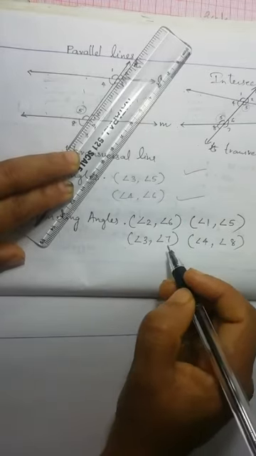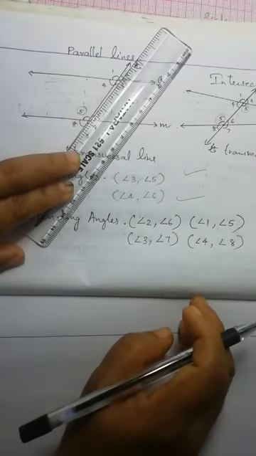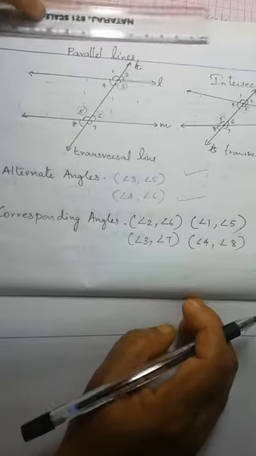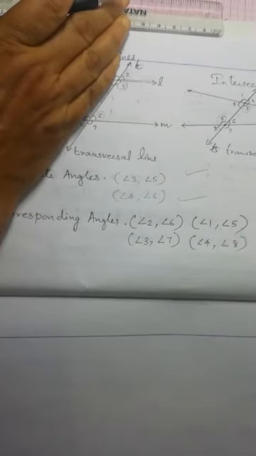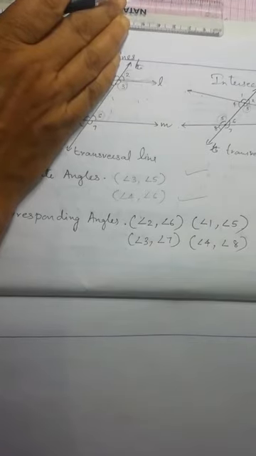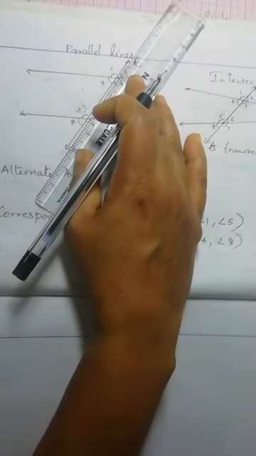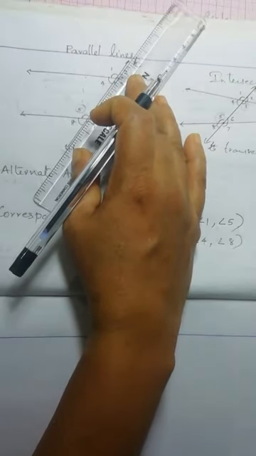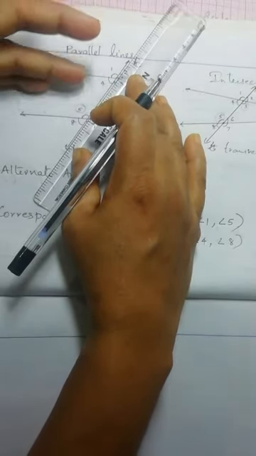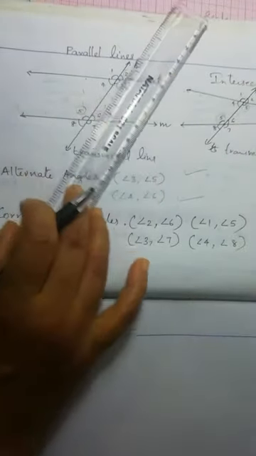So here these two are one side of transversal. These two are another side of transversal. When taking the corresponding angles, you have to choose one side of transversal, and above the line those two angles are a pair, and below the line those two angles are another pair. On another side of transversal, above the line, angle 1 and angle 5 are the corresponding angles. Below the line, 4 and 8 are the corresponding angles.